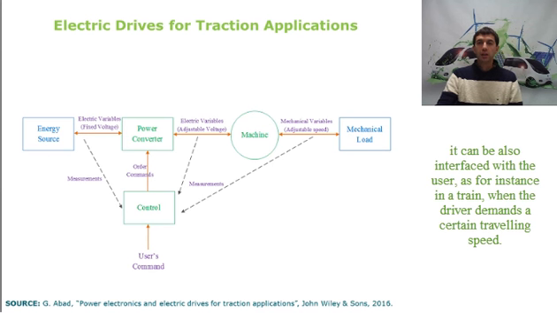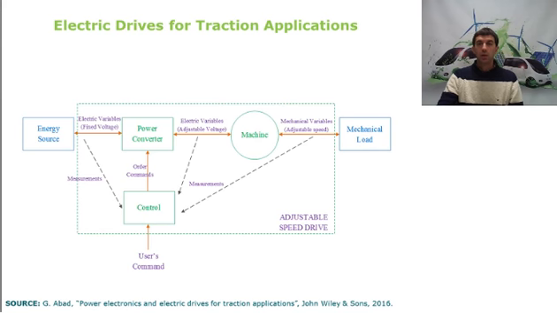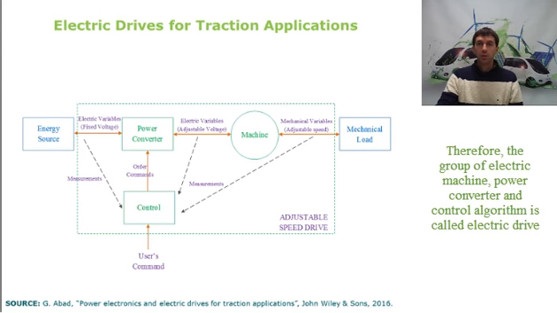It can also be interfaced with the user, as for instance in a train when the driver demands a certain traveling speed. Therefore, the group of electric machine, power converter, and control algorithm is called electric drive.